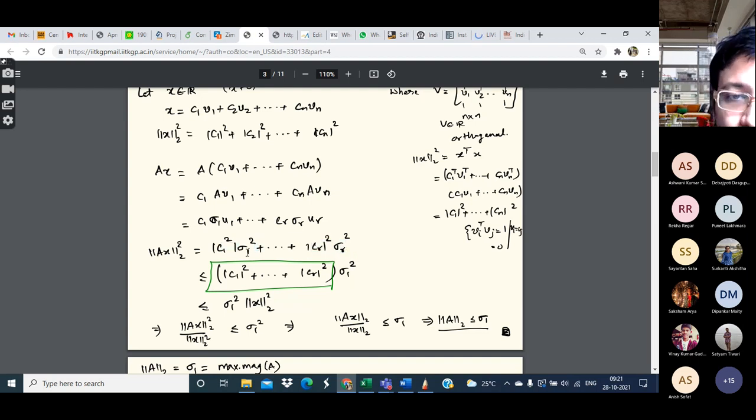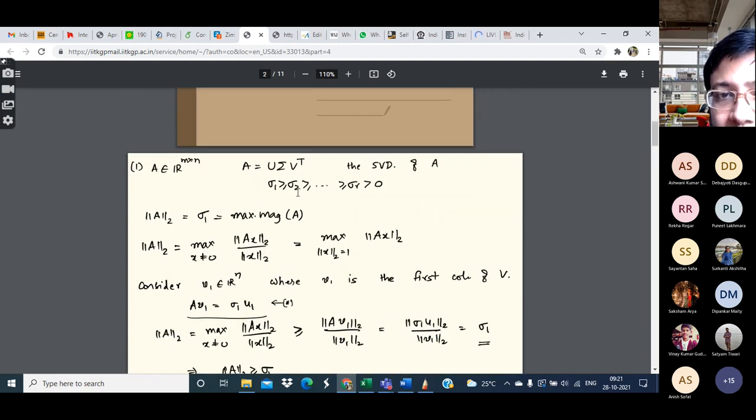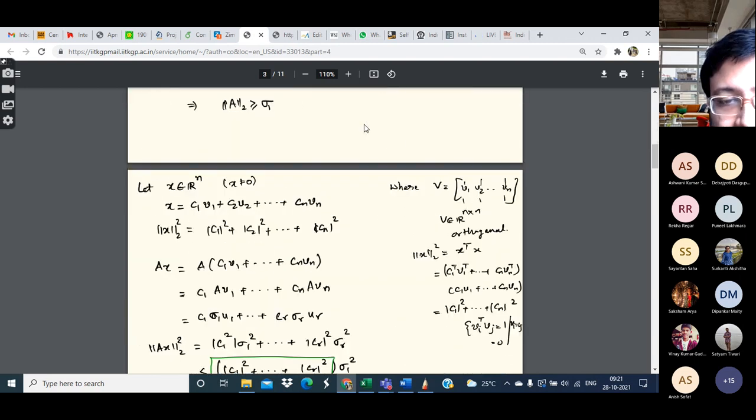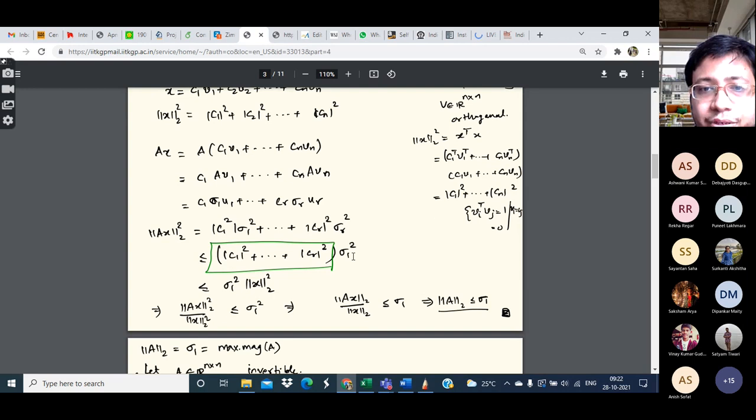Now we also remember this relation, that sigma 1 is greater than or equal to sigma 2, greater than or equal to sigma 3, all the way up to greater than or equal to sigma r. So the quantity which I have got here can be upper bounded by this quantity: since sigma 1 is greater than sigma 2, sigma 1 is greater than sigma 3, sigma 1 is greater than sigma r, we can upper bound this whole thing with this quantity, where sigma 1 is the first singular value.